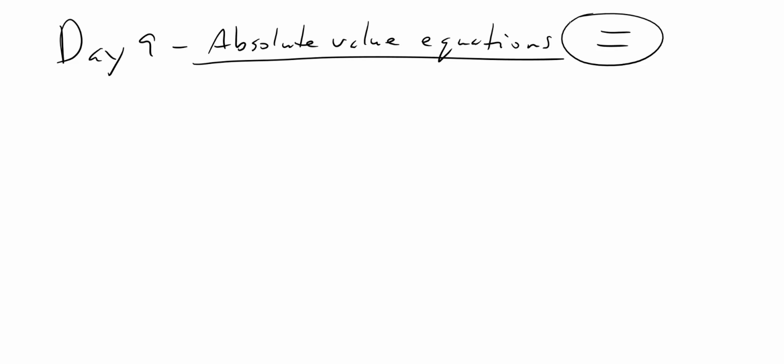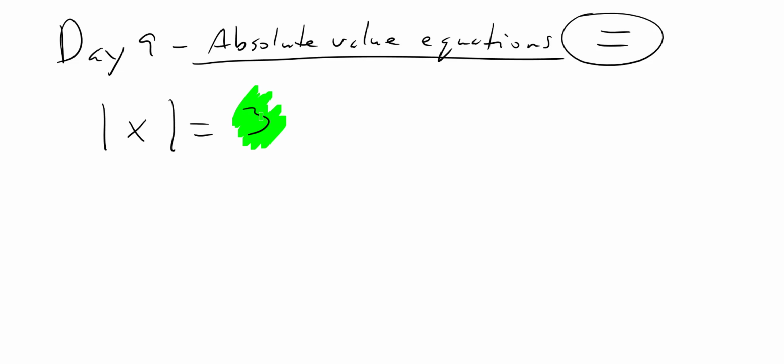Let me start out really quickly with a basic example. We're going to work our way towards the most complicated type of problem, but they're really not that bad. If I said the absolute value of x equals 3, what can I substitute in for x to give me my 3? Think about it.